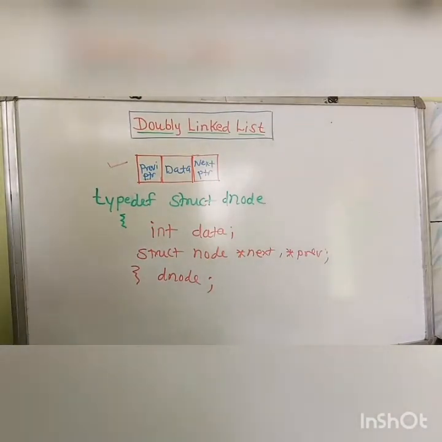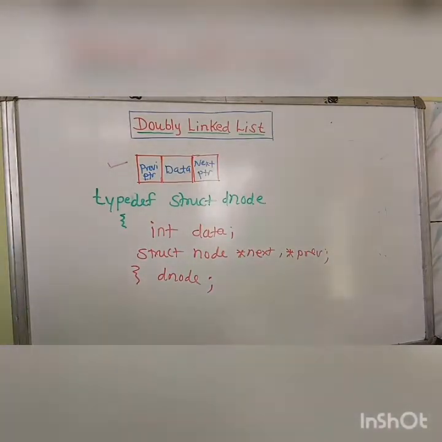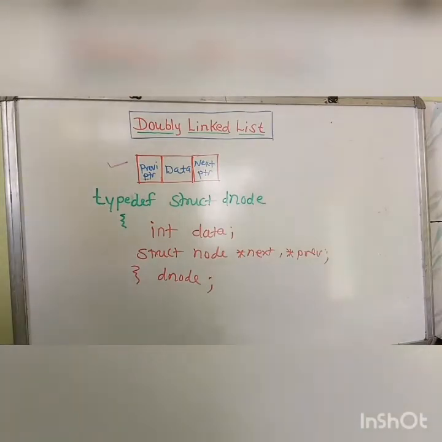As it is a type of linked list, a doubly linked list has the same mechanism as that of a singly linked list, but with slight differences in terms of its structure.